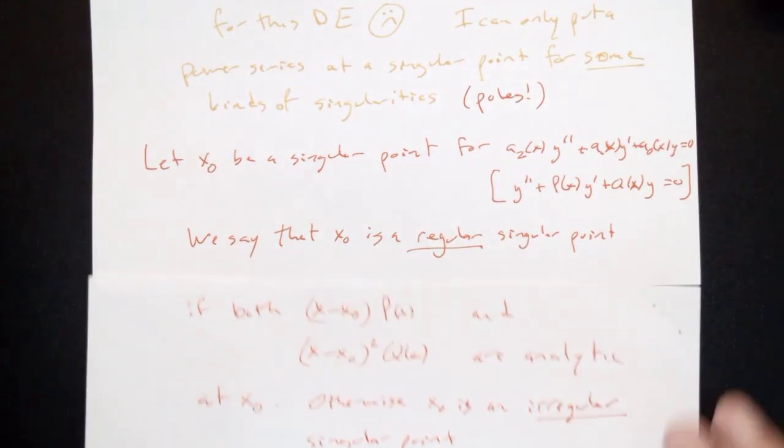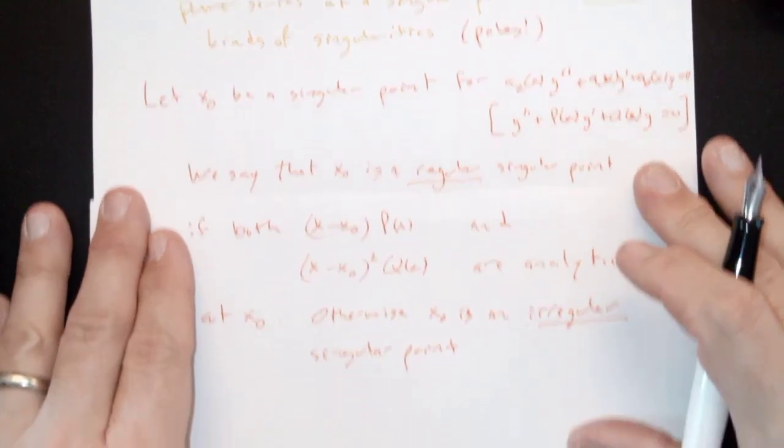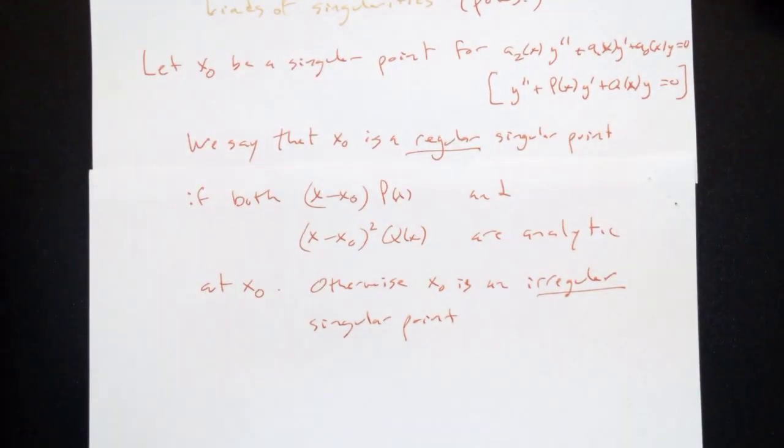So singular points are either regular or irregular, depending on the way I can look at the function once I add in this extra multiplication.